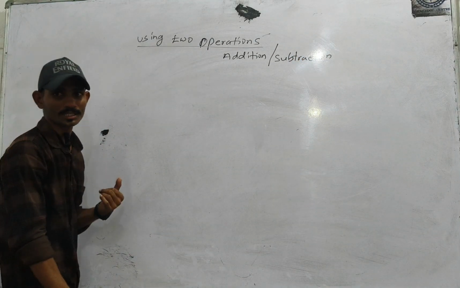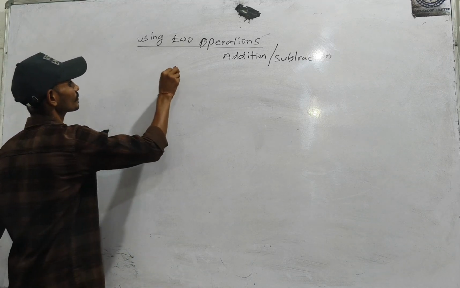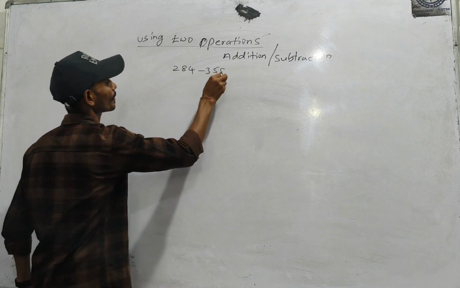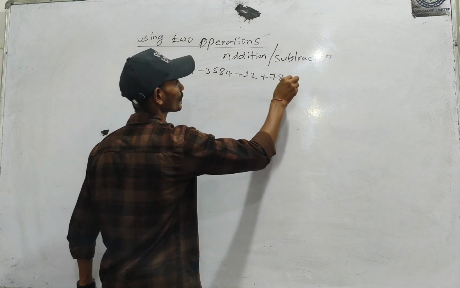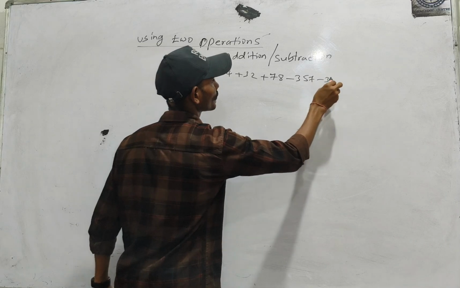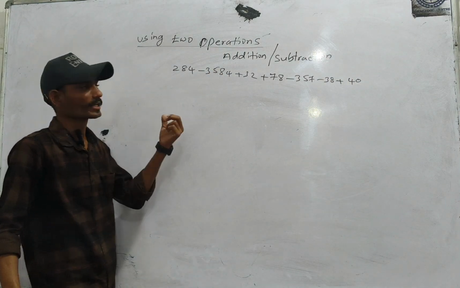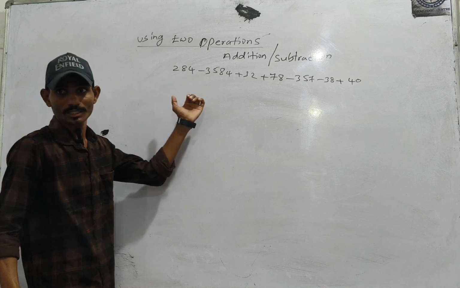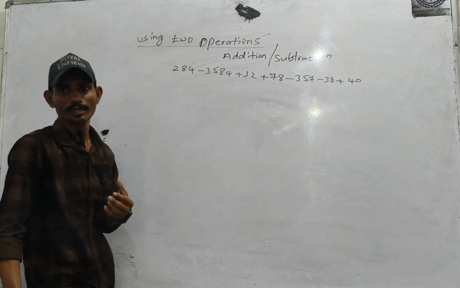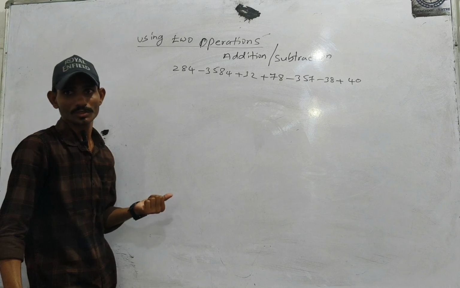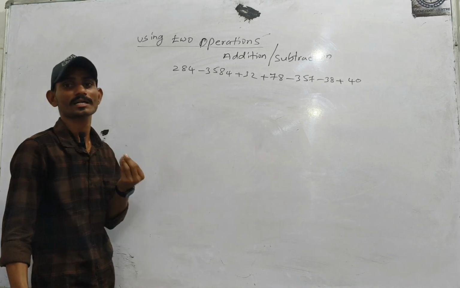In addition and subtraction, you get a series like this. If you solve this series directly, it will take more time and you will get confused. So when you get this kind of series, how do you solve it in a short time?